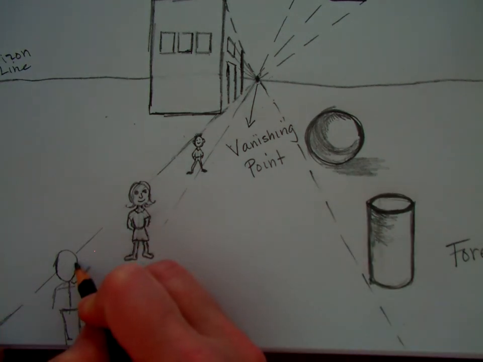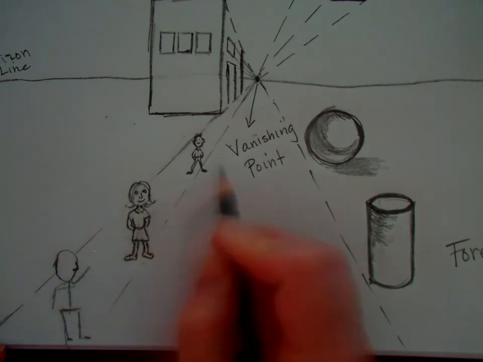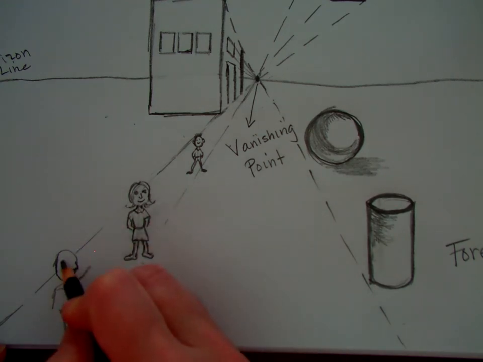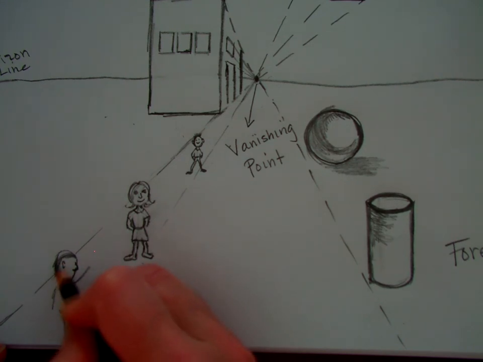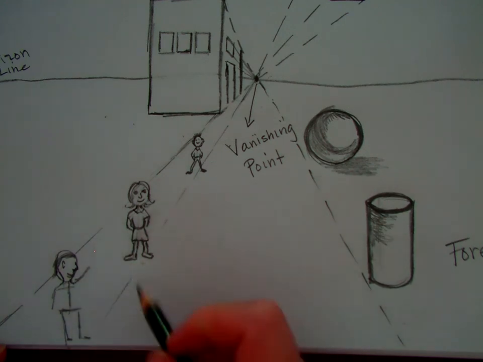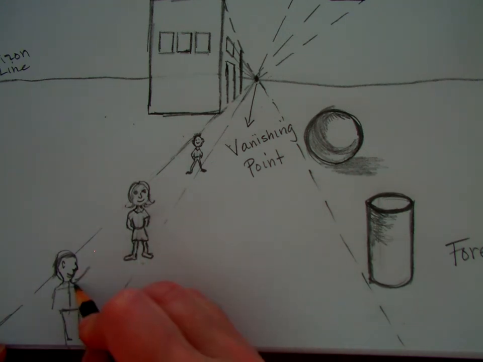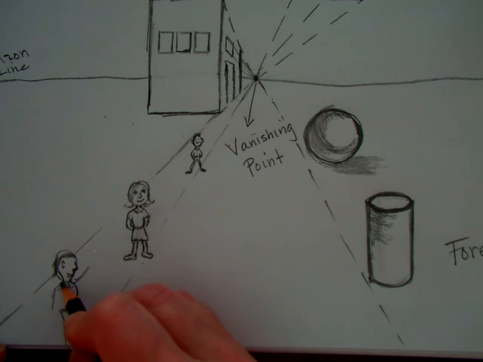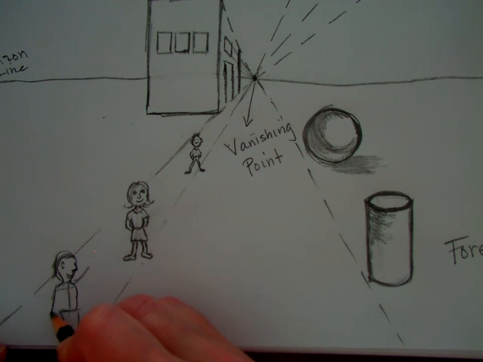All right, and then this guy here, I'm going to start with his nose because he's actually facing this way. And you can actually see a little bit of his hand here.